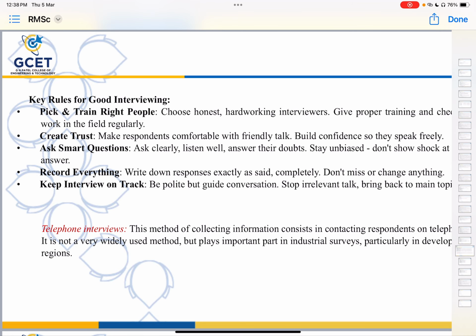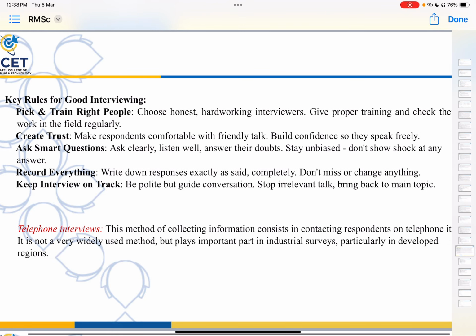Now we need to take care of some things in the interview method, like picking and training the right people. Interviewers should be very honest, hardworking, and given proper training. Then create trust, making the respondent comfortable with friendly talk. Then ask smart questions: ask clearly, listen well, answer their doubts, stay unbiased.